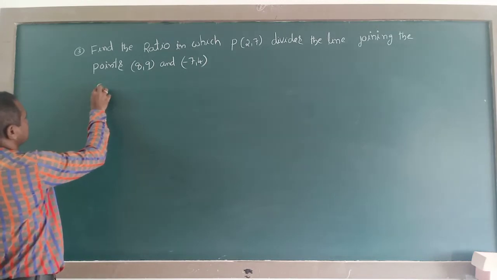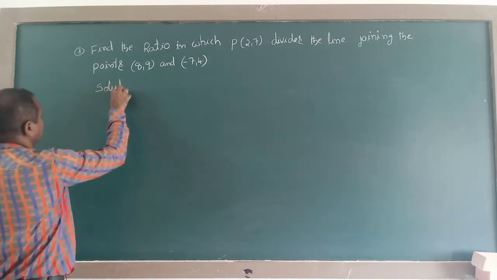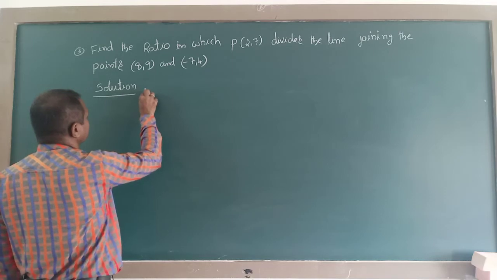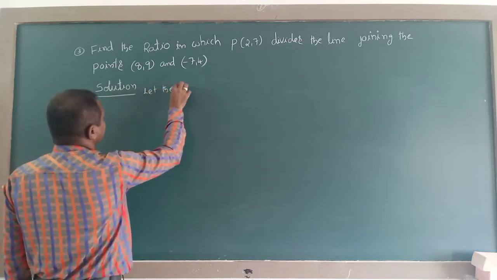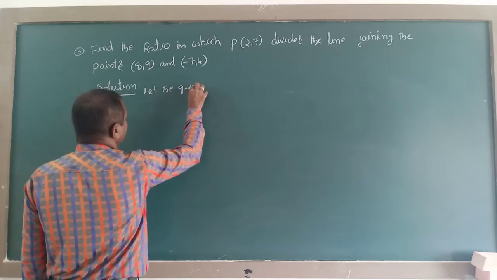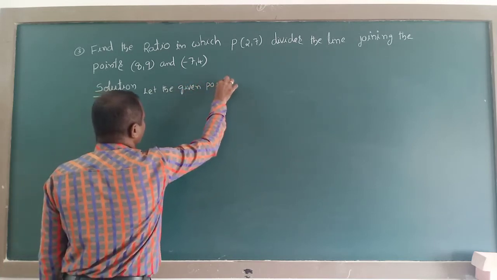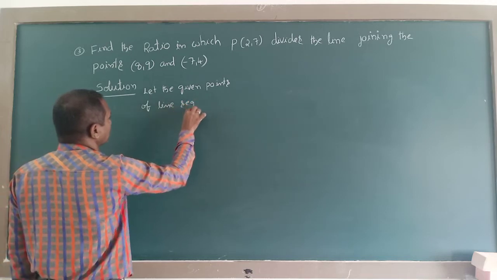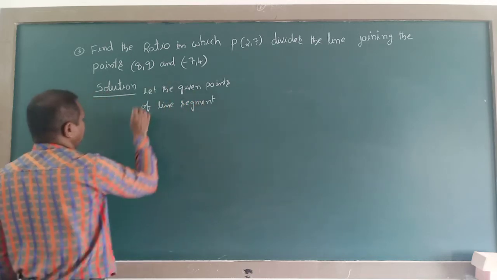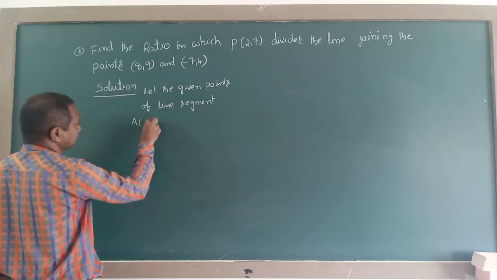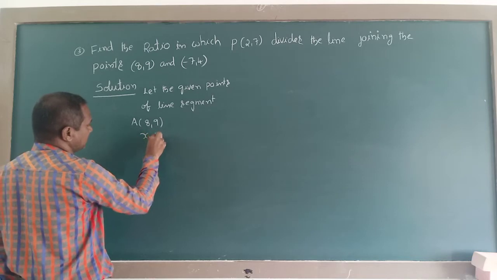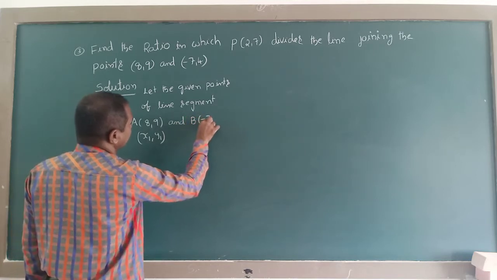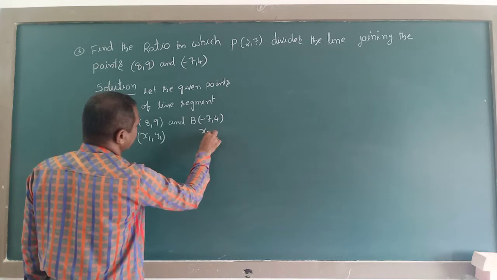Now the solution for this question. Let the given points of the line segment be A(8, 9), which we consider as (x1, y1), and B(-7, 4), which we consider as (x2, y2).